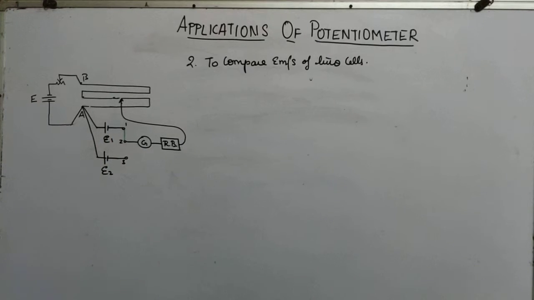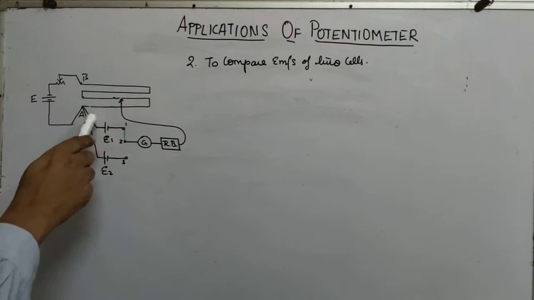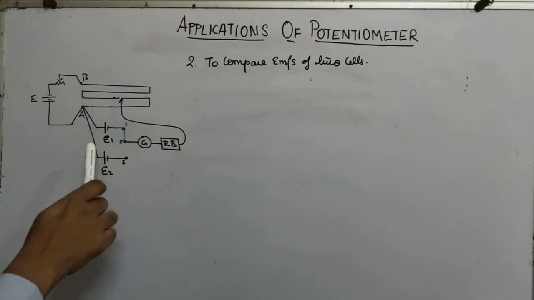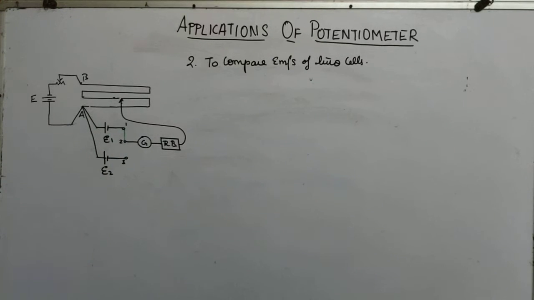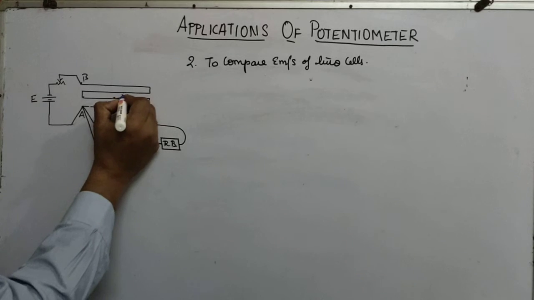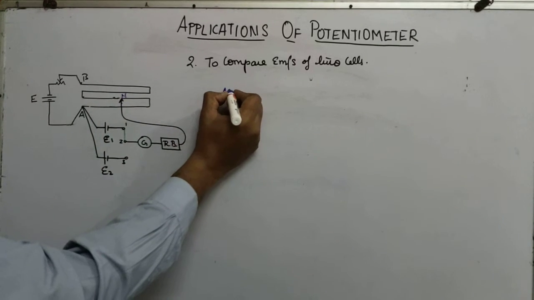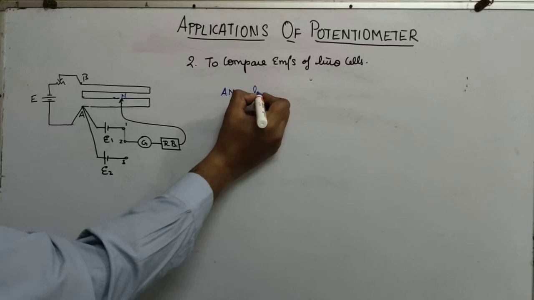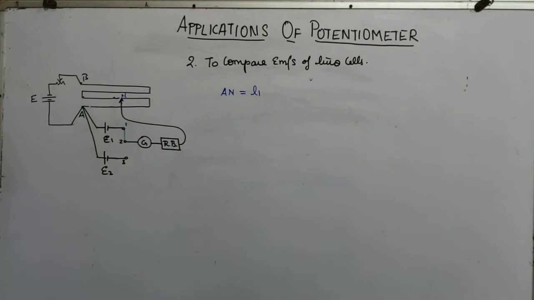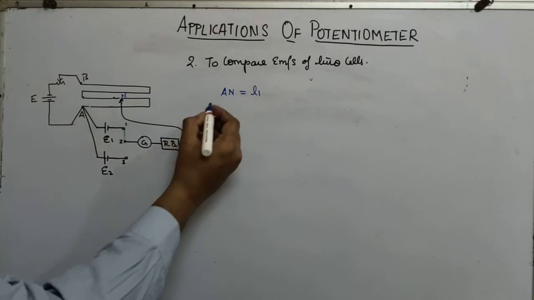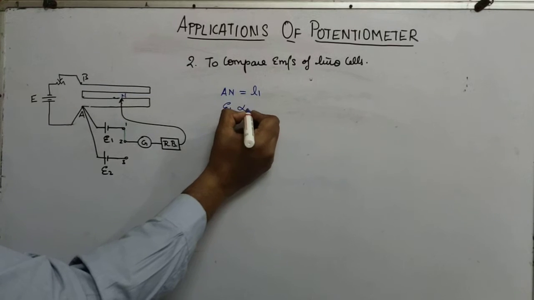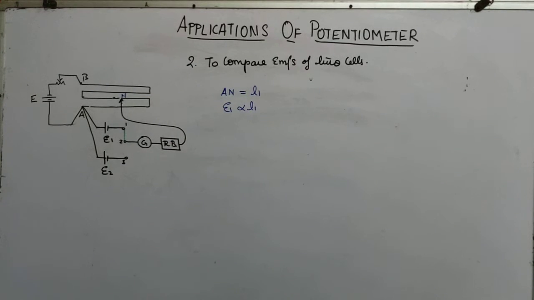The moment we connect 1 and 2, the first cell comes into the circuit while the second cell is still out of the circuit. For this circuit we find the balancing length. Say we get the balancing length again at point N, and AN equals L1. Now we can clearly write that the EMF E1 is directly proportional to L1.